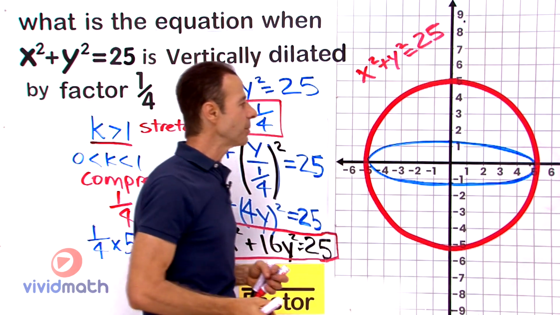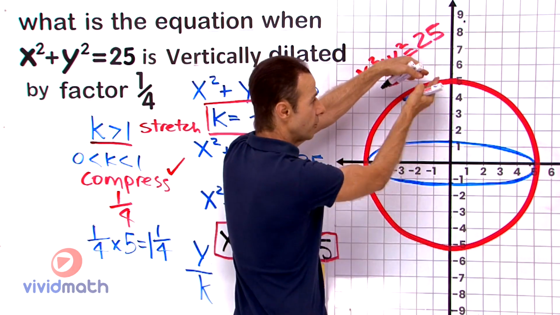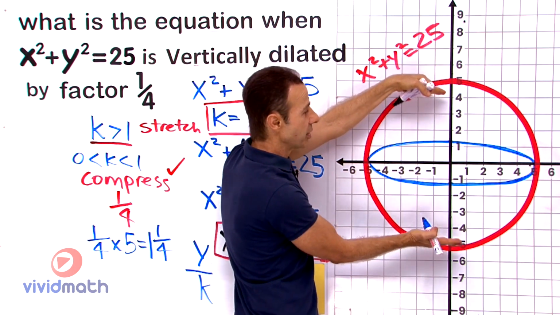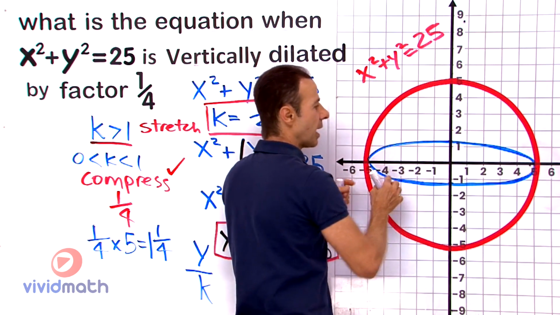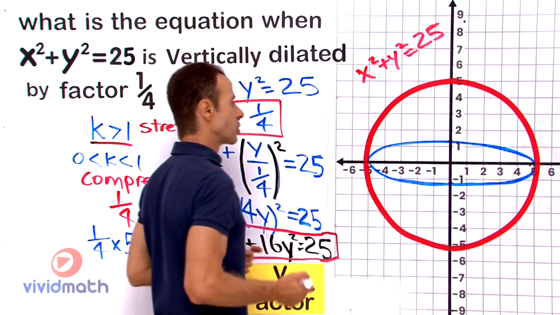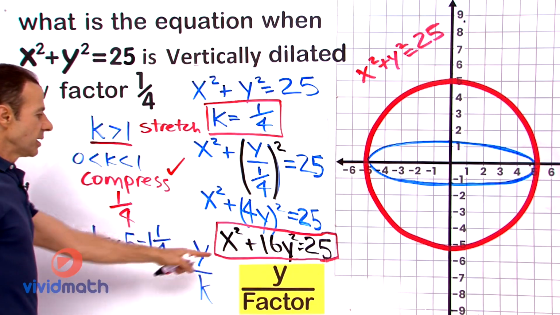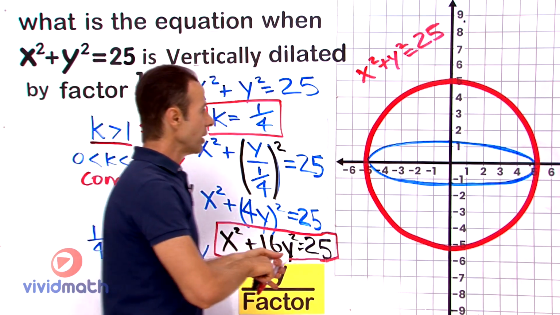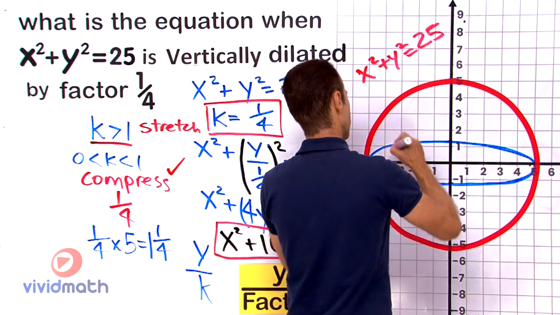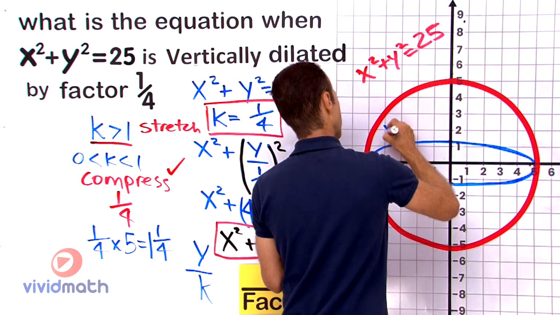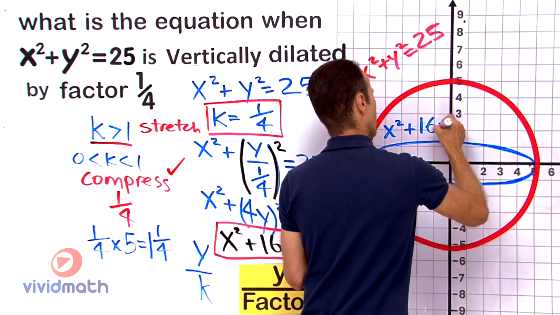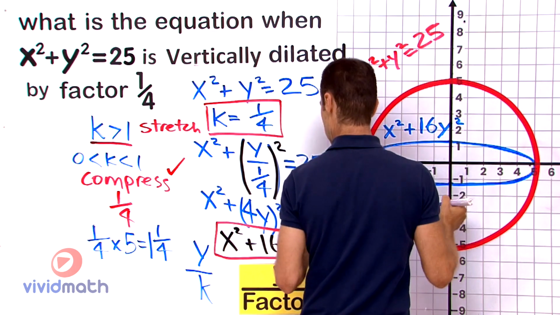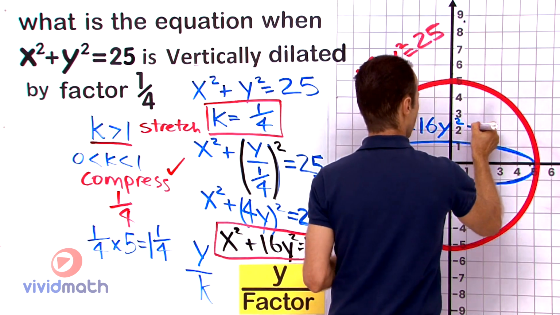As you can see, what's happened here is that the circle vertically has been squashed in and compressed like that right there, and it's formed an ellipse. And that ellipse, its new equation is x squared plus 16y squared equals 25.